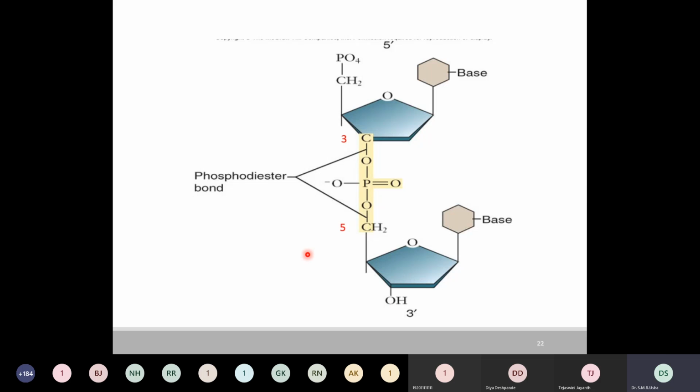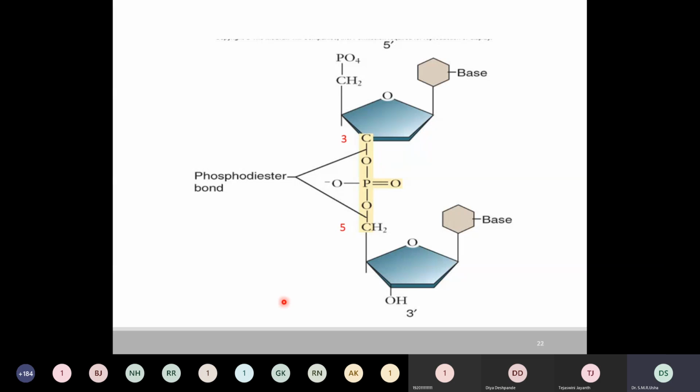So usually what happens is any nucleotide which is coming in is added to the 3-hydroxyl group only. See, on this side is the 5' end with the 5' phosphate, and the 3' end is the hydroxyl group.